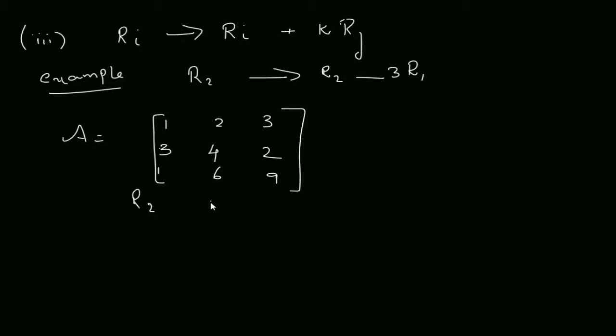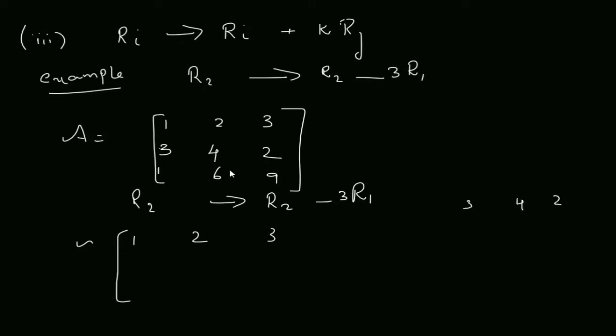So what happens now? The first row remains the same. There is no change. We are changing the second row using the elements of the first row. So the first row remains the same. How am I going to change the second row?